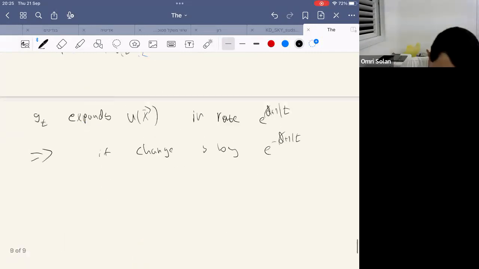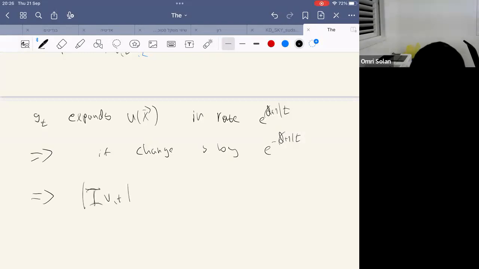So roughly, it's also not exactly true, the length of I_{v,t} is larger than e to the minus (d plus 1) t.